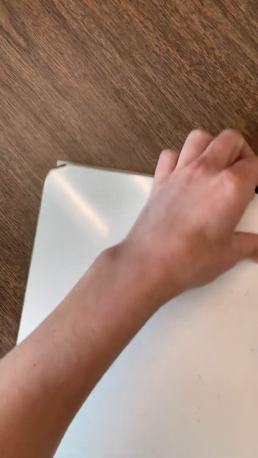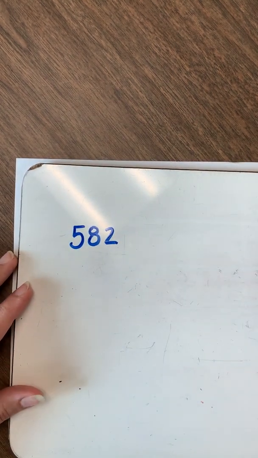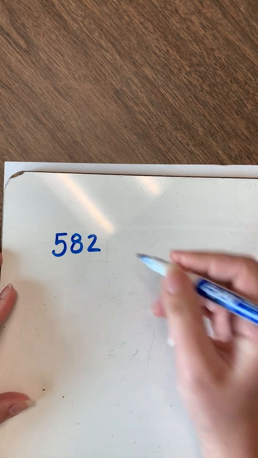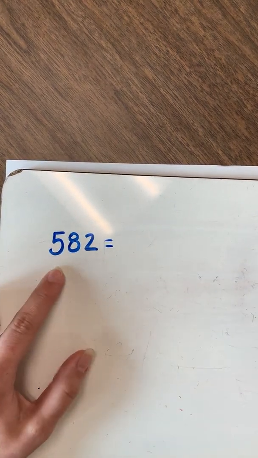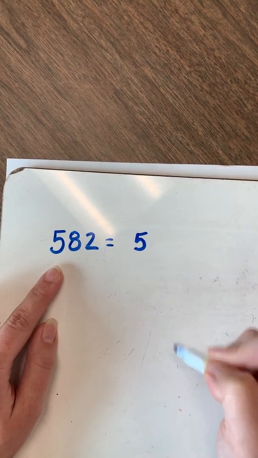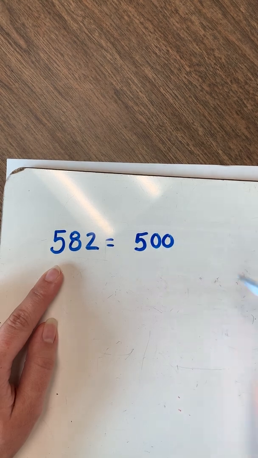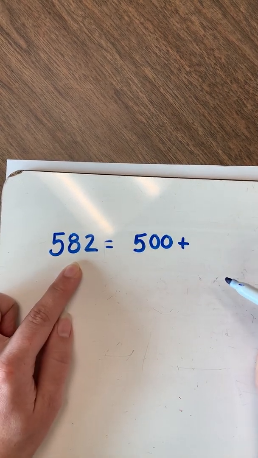Now let's try this practice. No picture this time. How do you think I'm going to write the number 582 in expanded form? We say that is equal to, start with your hundreds. I have 5 hundreds. Now move on to your tens place.